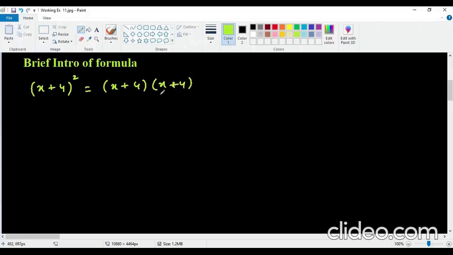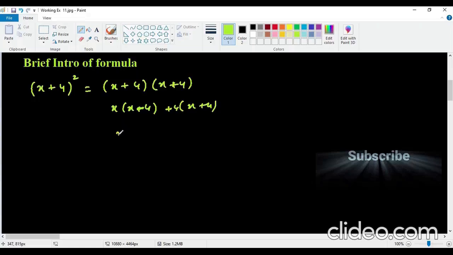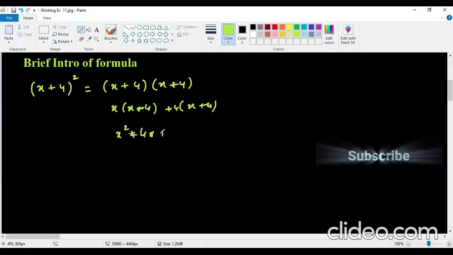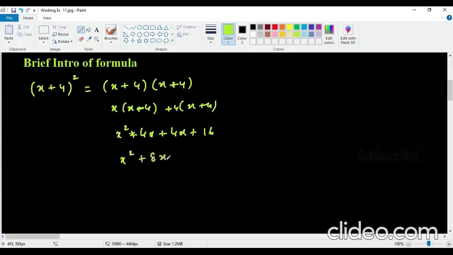Now in here you will be multiplying x by x plus 4 first, and then again x plus 4 will be multiplied by plus 4, and you will get x square plus 4x plus 4x and plus 16. So ultimately you will get 8x plus 16.